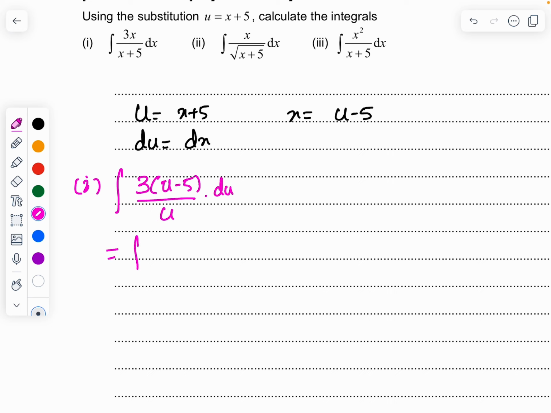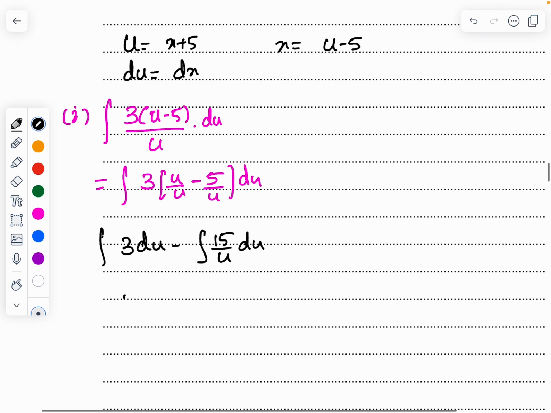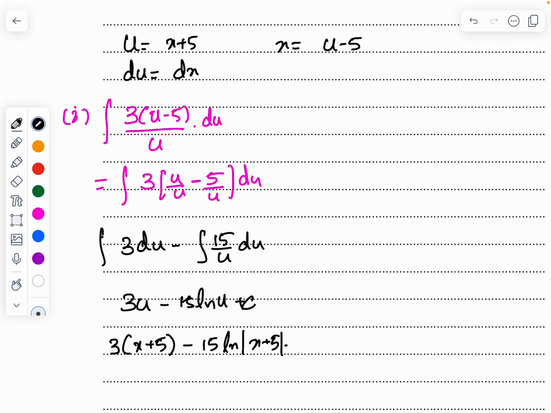So it becomes 3 times u minus 5 upon u du. That becomes integral of 3 du minus integral of 15 upon u du. So it will become 3u minus 15 ln u plus c. So 3 times x plus 5 minus 15 times ln of x plus 5 plus c.